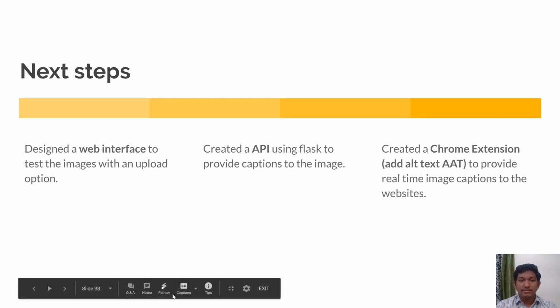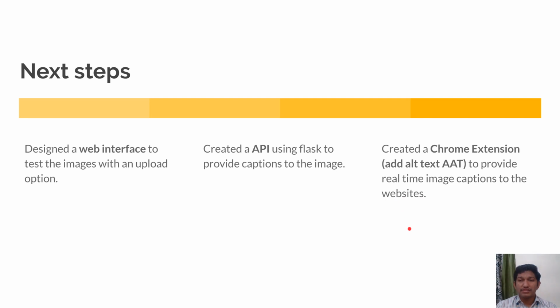And the next and most important thing in our work is the Chrome extension. We created a Chrome extension called Add Alt Text, AAT. This is created to provide real-time image captioning to websites.